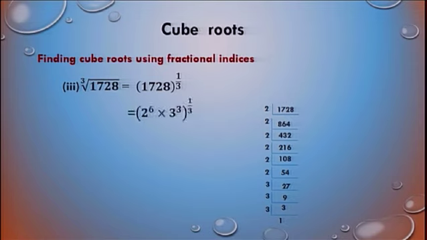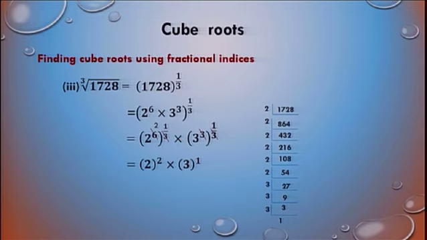Cube root means power 1/3. So we're going to have 2 power 6 power 1/3 times 3 power 3 power 1/3. Evaluating these numbers, we have 2 power 2 times 3 power 1 equal to 4 times 3. The final answer is 12.